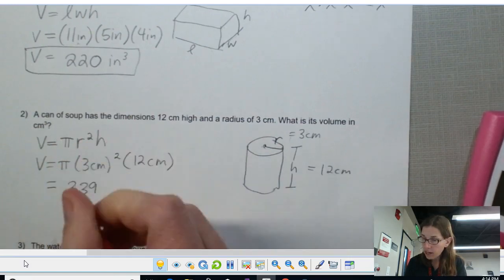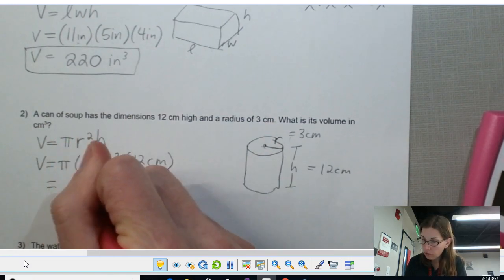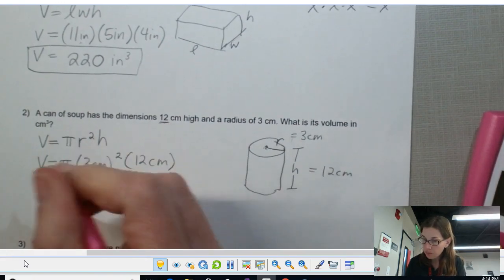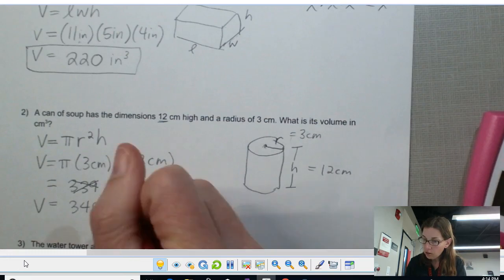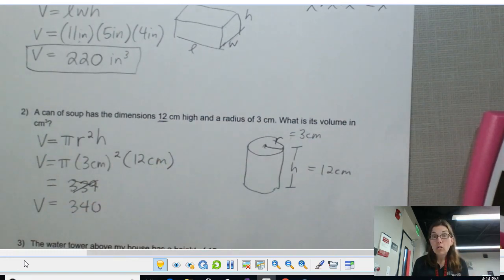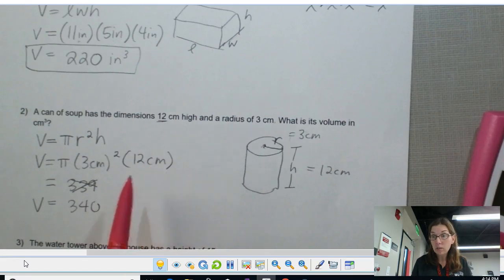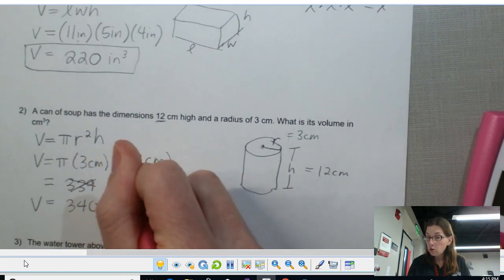Or really it'd be better to do 340, because I only have 2 digits in my starting number. So 340, and then what are my units going to be? Well, I started with units of centimeters, so I have centimeters squared times centimeters, and that again will give me centimeters cubed.